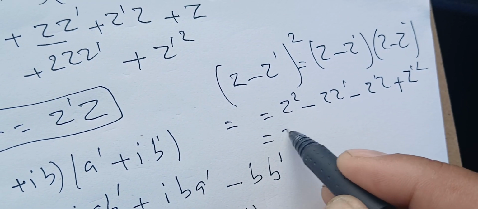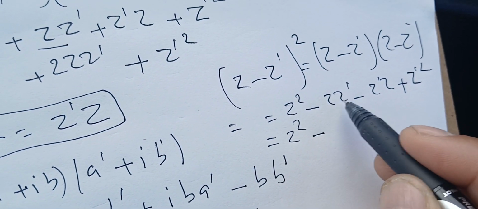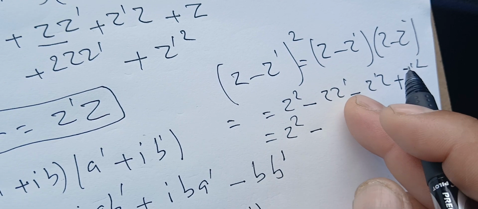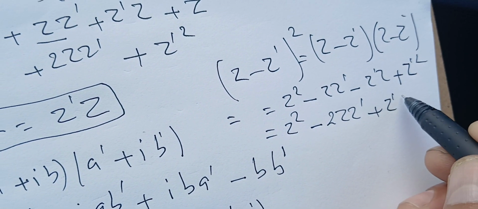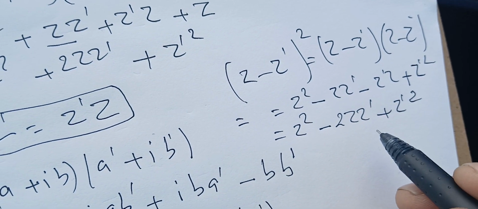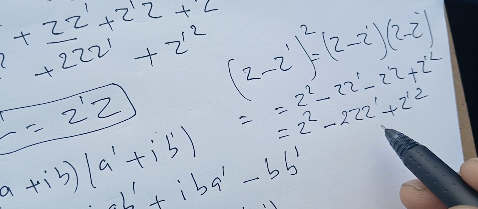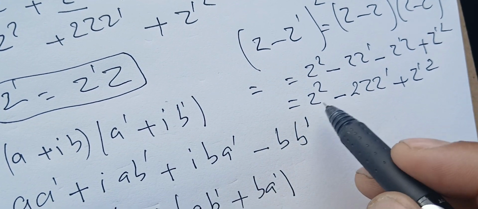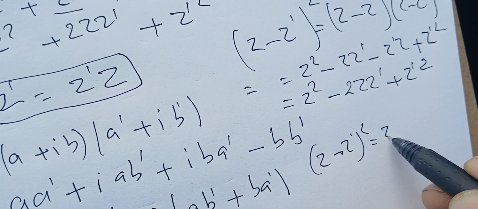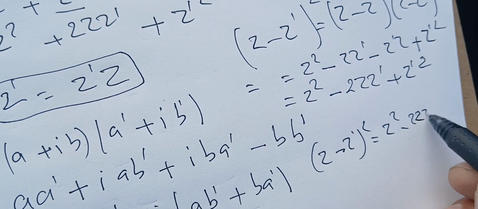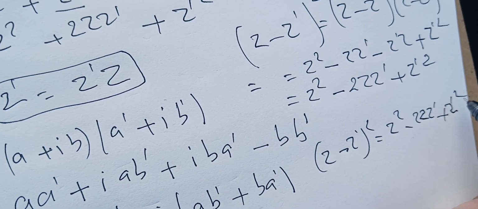We said that z z prime is the same as z prime z, so we get 2zz prime. That means z minus z prime squared is z squared minus 2zz prime plus z prime squared.